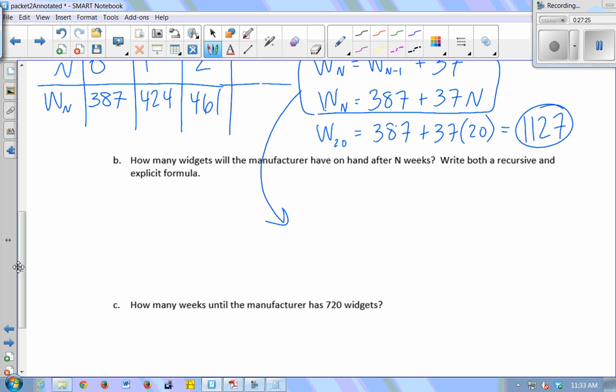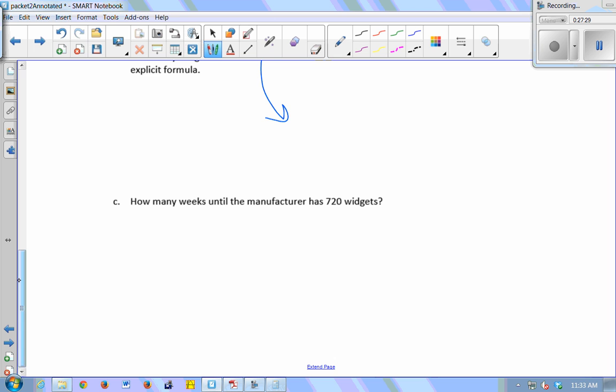All right. How many weeks until the manufacturer has 720 widgets? How could I figure it out? For W sub n, W is representing the number of widgets. So here's my formula.